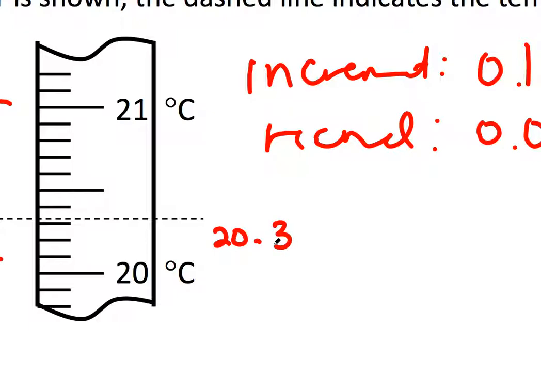And then notice it's a little bit above 20.3. I have to figure out how much above that is it. So it's not halfway. It's a little bit less than that. So you can say 4 or 3 or something like that. Notice that's uncertain, right? So that's why you're not sure what that is, but you can put down what your best guess is.